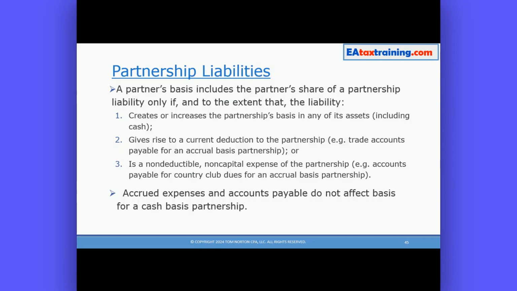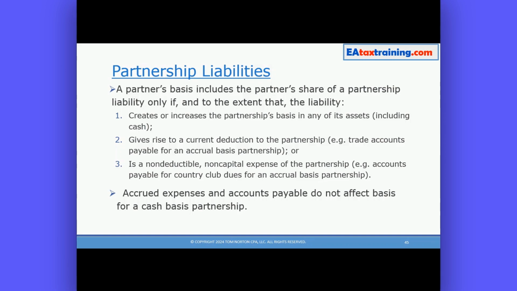So in other words, if the partnership gets a loan of cash from the bank, that's going to count, obviously, because now they've got cash sitting in their bank account that they didn't have. So they've got an asset that they didn't have, but it doesn't have to be cash. But the point here is that you just had to have gotten something. The partnership had to have gotten something in exchange for the liability in order for the liability to count. So that's the more straightforward.